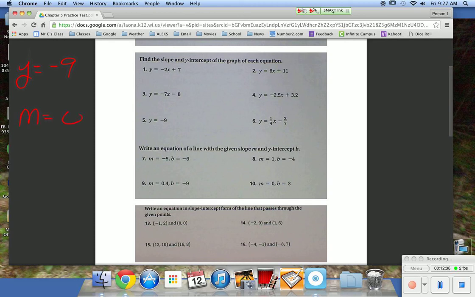M equals 0, because really we could write this as y equals 0x minus 9, right? My slope would be 0. What's my y-intercept? Negative 9. Everybody understand that one?